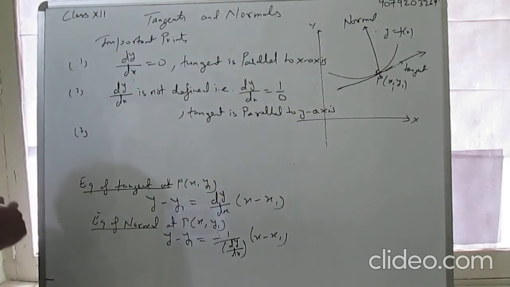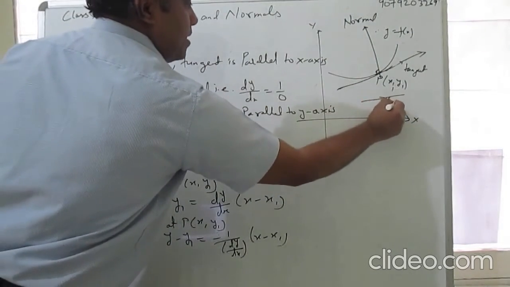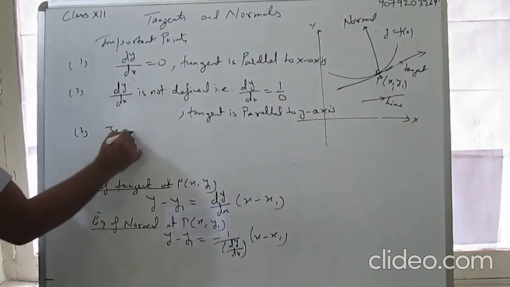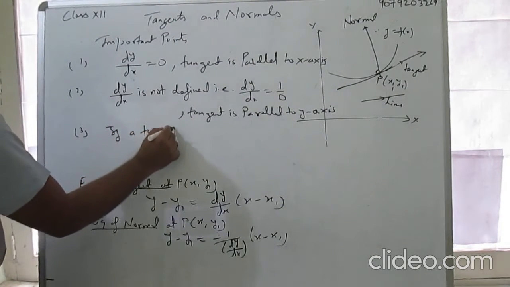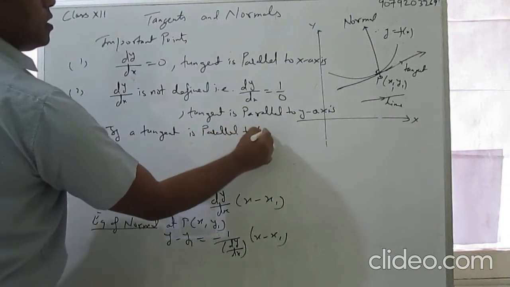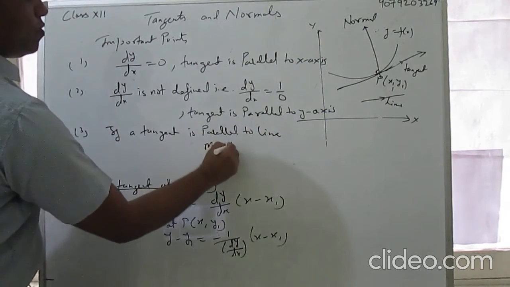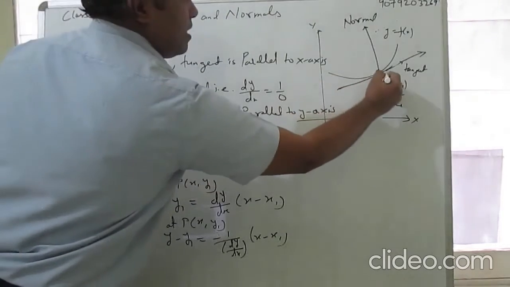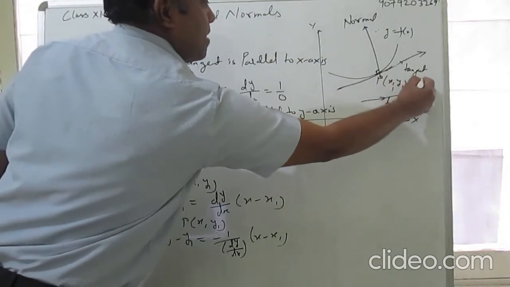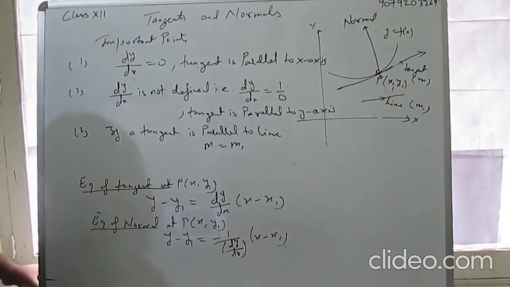Third point, if a tangent is parallel to a line, then the condition is m is equal to m1. Suppose the slope of tangent is m and slope of line is m1, so m is equal to m1.